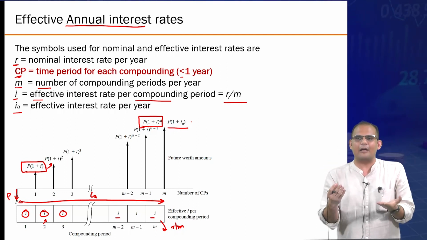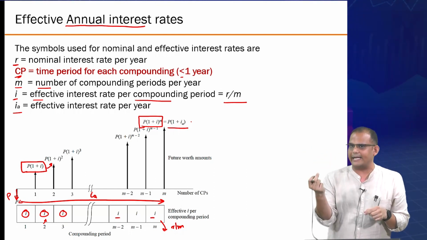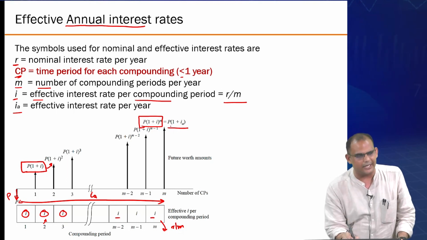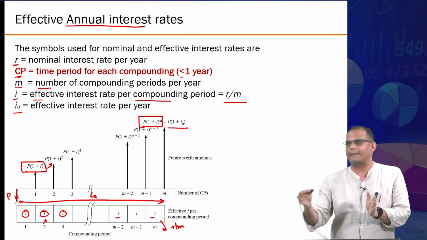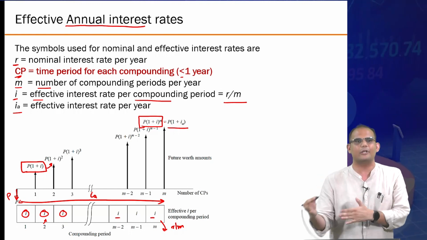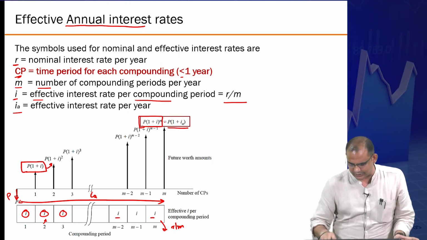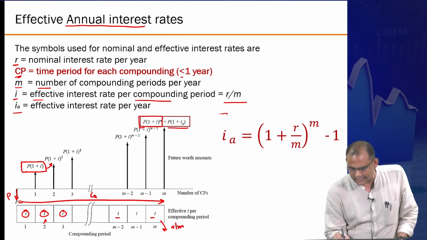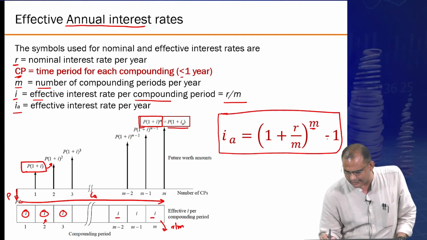That rate would be for a single period, and the rate would be IA. So the future value for that will be P into 1 plus IA. All I am doing is equating both of them, because if this is an equivalent rate, the future worth computed by both methods should be the same, right? So your equation becomes IA equals 1 plus R by M to the power M minus 1.